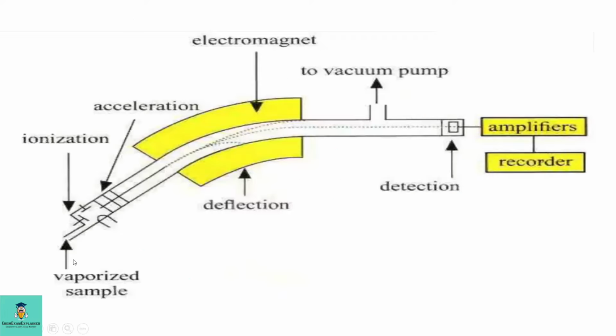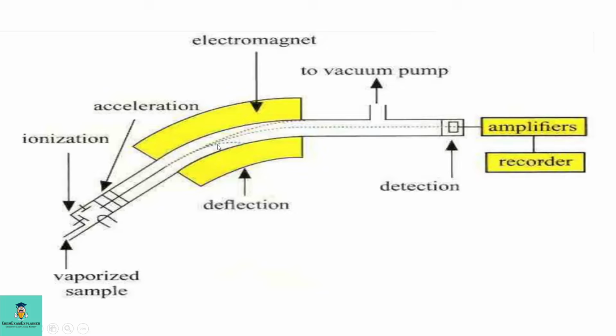Now, the steps we just went through can be seen on this diagram. Here we have the vaporized sample being injected, and the electron gun will cause electrons to bombard the atoms, where they'll become ions. They will then enter the acceleration chamber, where a negatively charged plate will attract the positively charged ions to travel at the same speed.